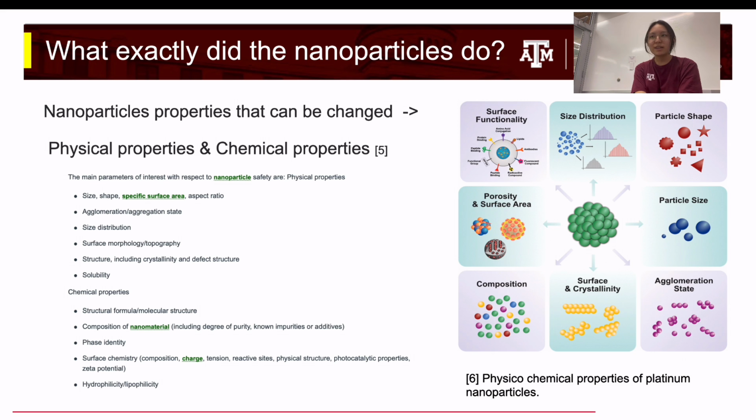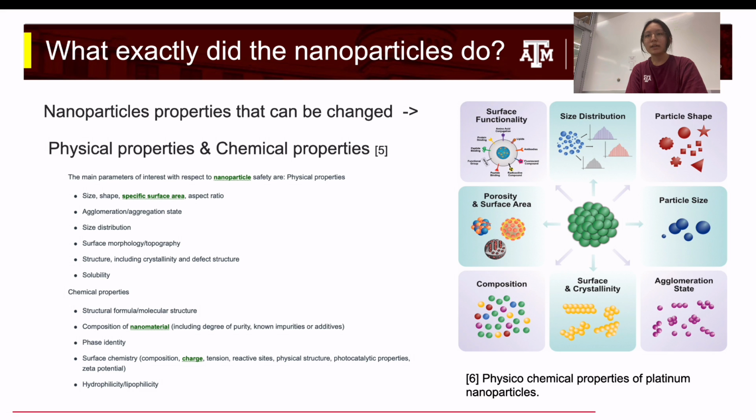So what exactly do the nanoparticles do? They change properties, but not every property. There are nine major properties that can be changed: surface functionality, size distribution, particle shape, particle size, agglomeration state, surface crystallinity, composition, porosity, and surface area.